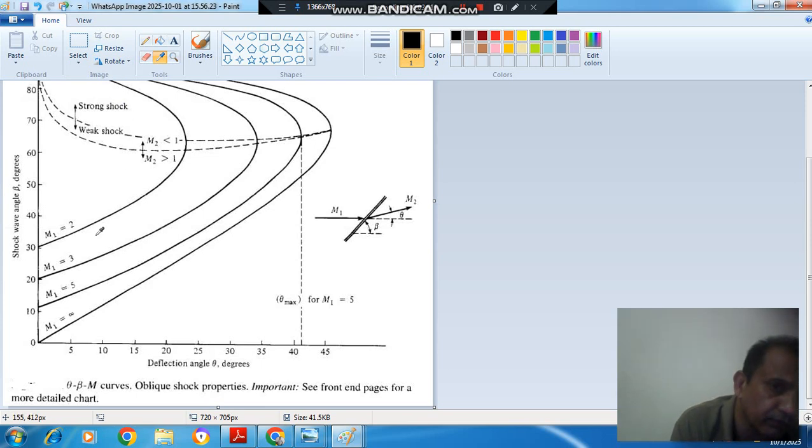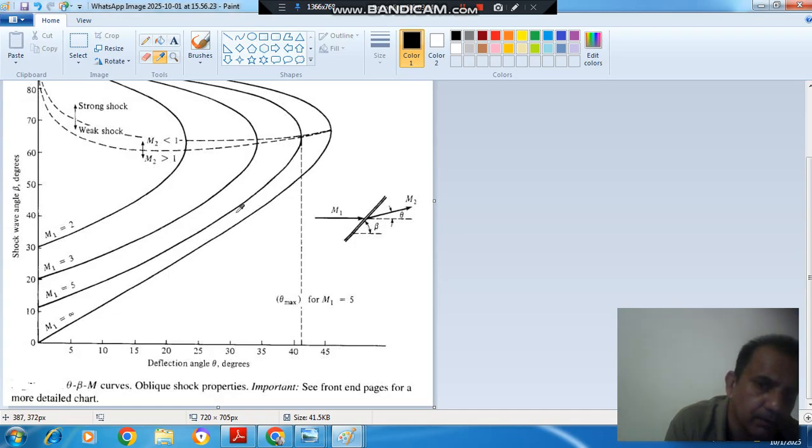Nature prefers the weak solution, and in the weak solution, after the shock the flow will remain supersonic. Here the flow is supersonic, and this can also be supersonic except near this peak.